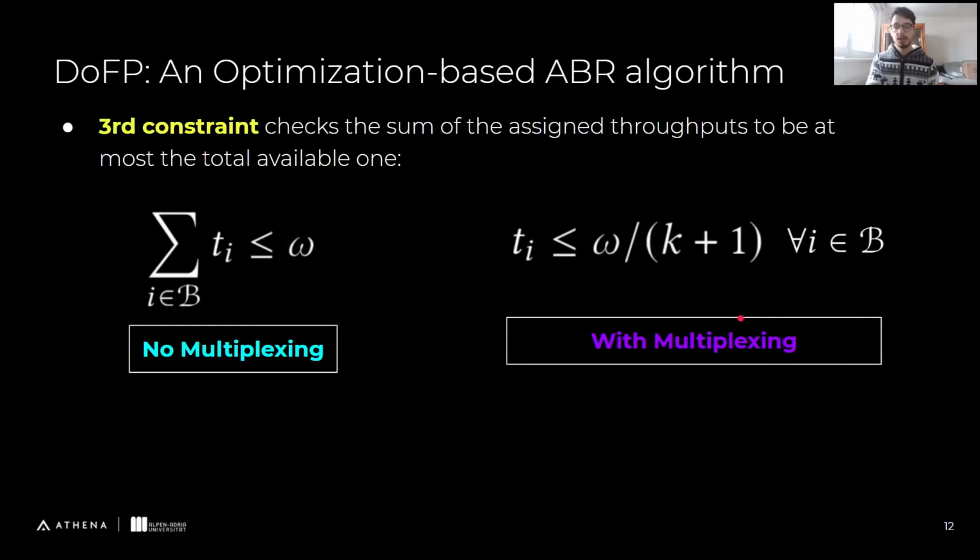This is another condition with the multiplexing, because the multiplexing feature in HTTP3 and QUIC is really strict and doesn't allow us to split the bandwidth as we desire, but it splits the bandwidth equally, which means that for every Ti, we need to set this condition: Ti lower or equal than the total available throughput divided equally through the k plus 1, so the buffered segments and the next segment.